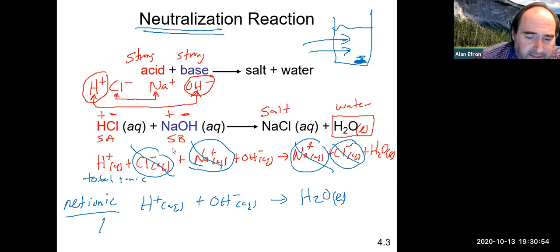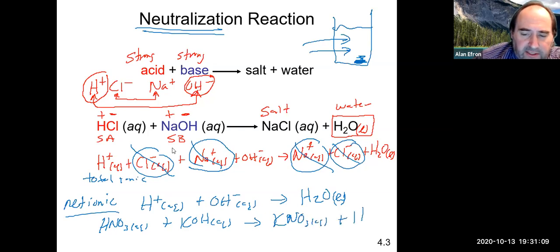So if I swap this around and did nitric acid, which is a strong acid, with potassium hydroxide, I would form KNO3 and H2O. Again, H from the acid, OH from the base coming together to make my water, K and the NO3 minus coming together.